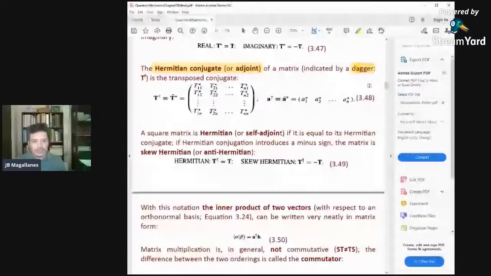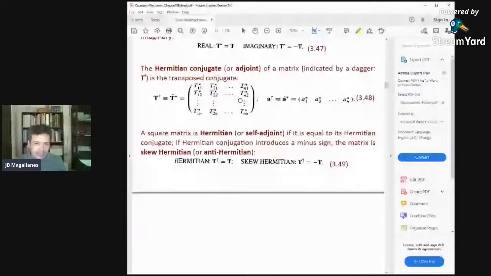So here, the rows become columns, and the columns become rows. But in addition to that, you have a conjugate of the matrix.